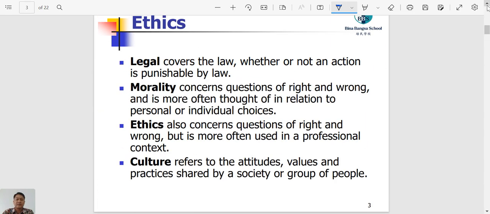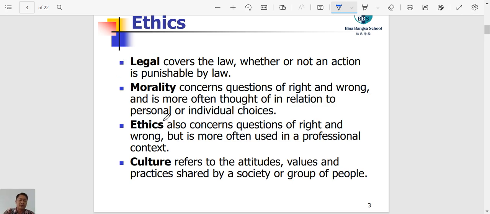Under this ethics discussion, let's take a look at these four important keywords. Okay, we have here what we call legal, that covers the law, whether or not an action is punishable by law. We also look into what is morality. It concerns questions of whether it's right or wrong, and it is often thought of in relation to personal or individual choices.